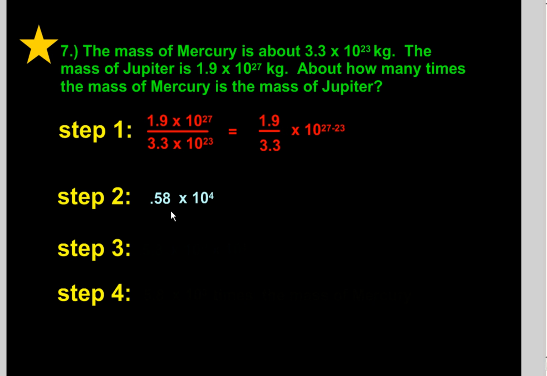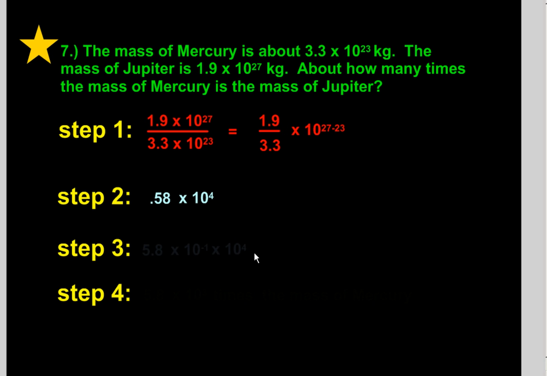So we can round up, since the third digit is a 5, we can round that 7 up to an 8 and just leave it at 0.58 times 10, and then we subtract 23 from 27 and we get 10 to the 4th. Now, if this number were in correct scientific notation, we could stop right here. But unfortunately, 0.58 is not between equal to or greater than 1 and less than 10, so we have to move it.